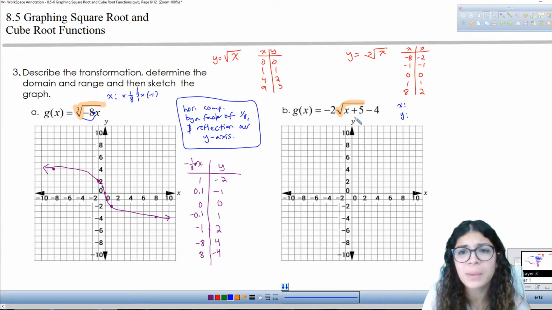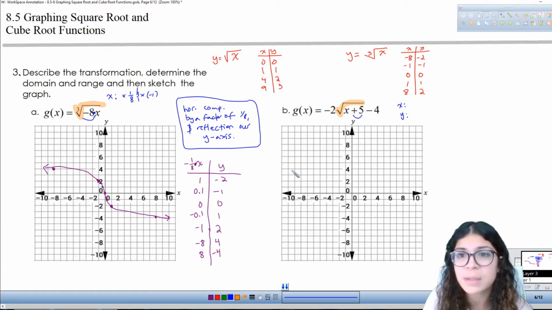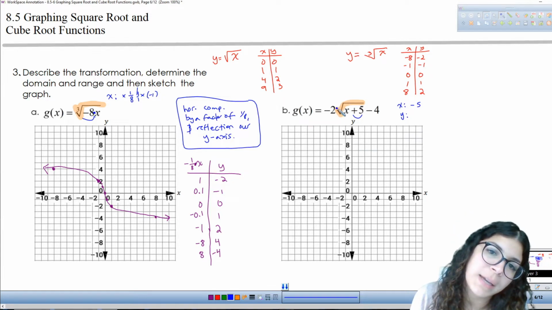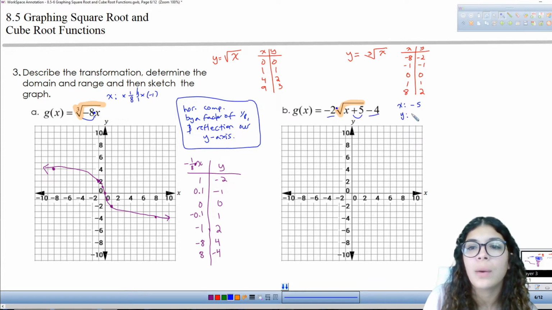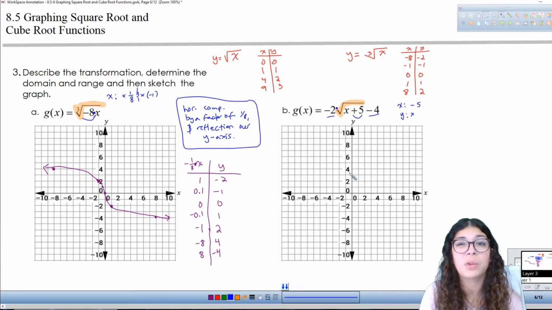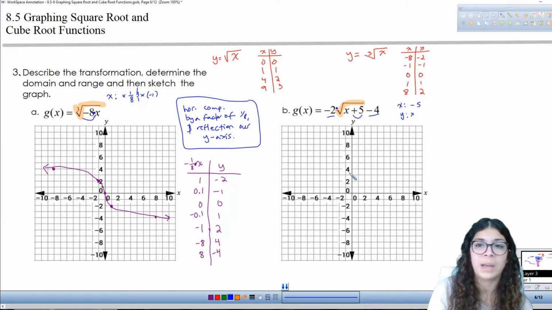So start with x first. It looks like +5. Remember, everything with x is the opposite. So we're actually going to subtract 5. And then a lot of things are happening to y. We have multiplying -2 and subtracting 4. When we do the operation, we can do the multiplying of -2 all together, because multiplying a negative and then multiplying 2 is the same thing as multiplying 2 and then multiplying a negative.